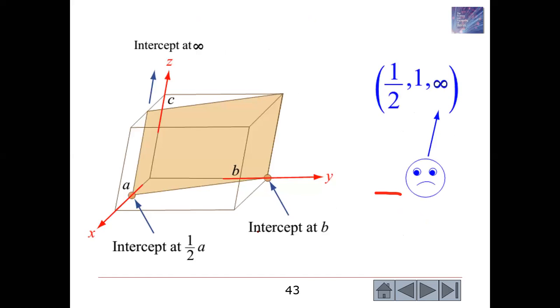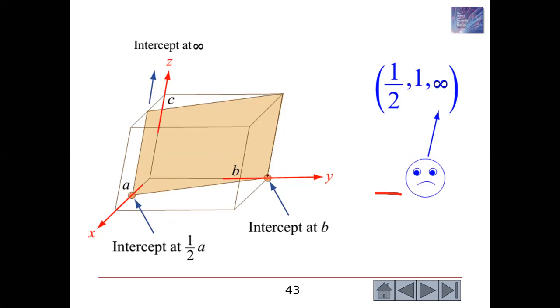Okay, so look at this plane inside this cube, right? The first step is to identify the intercepts, right? If you look at this plane, it is intersecting the x-axis in the middle, right? So it's 1 by 2. And because we are finding it in terms of lattice parameter, it's half of a, right?